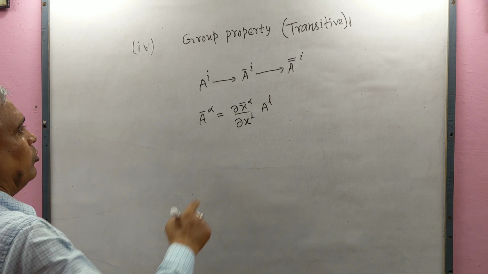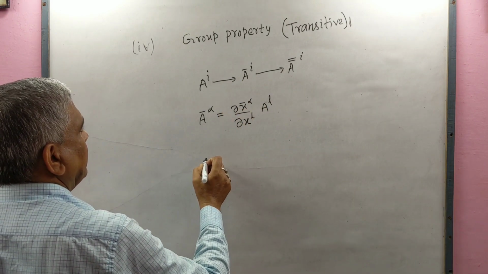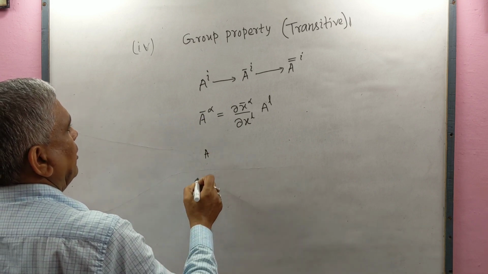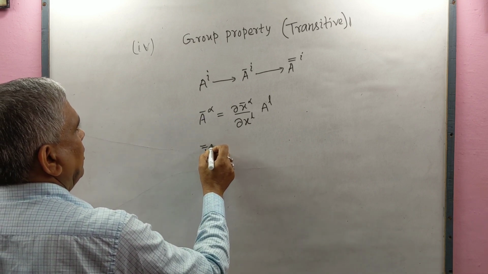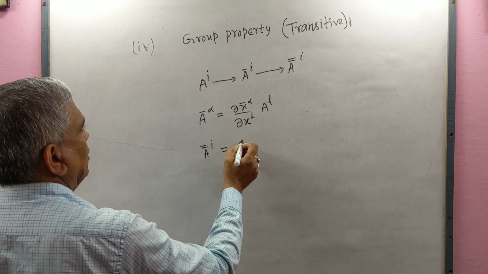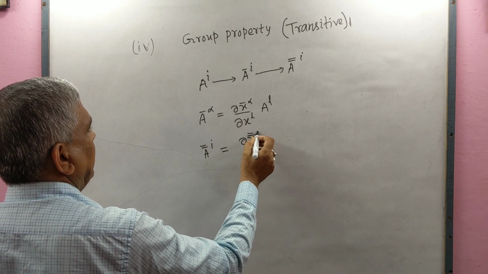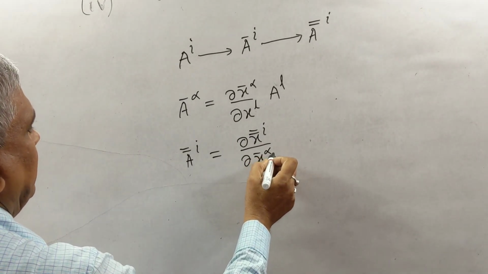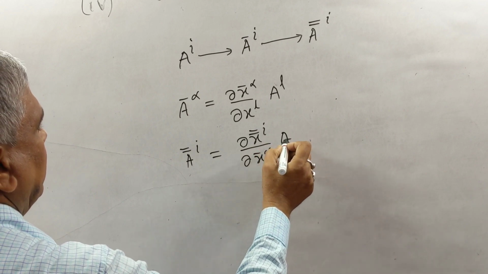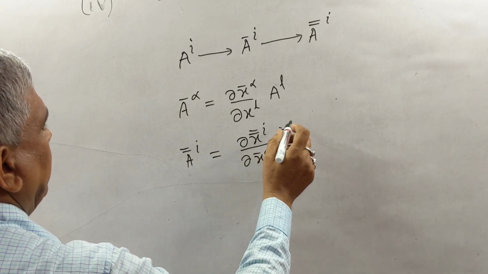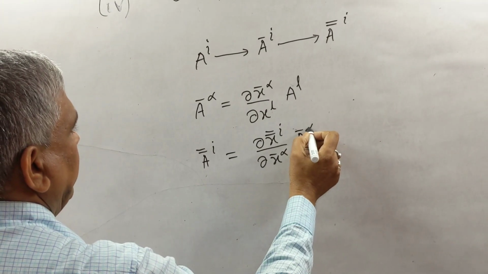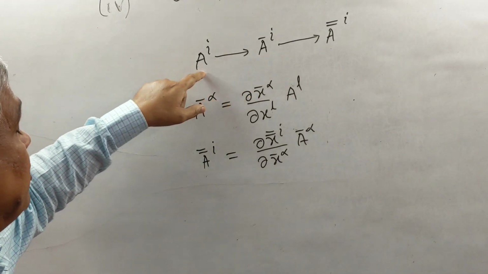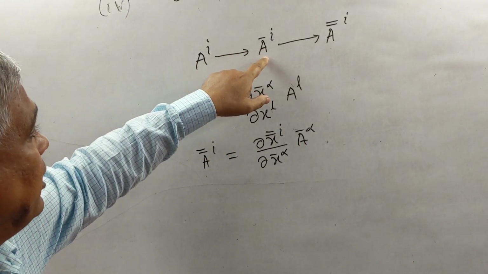Again, from this to this, we may get A double bar i equal to del x double bar i by del x bar alpha, A bar alpha, not double bar, because first transformation was A i to A bar i.